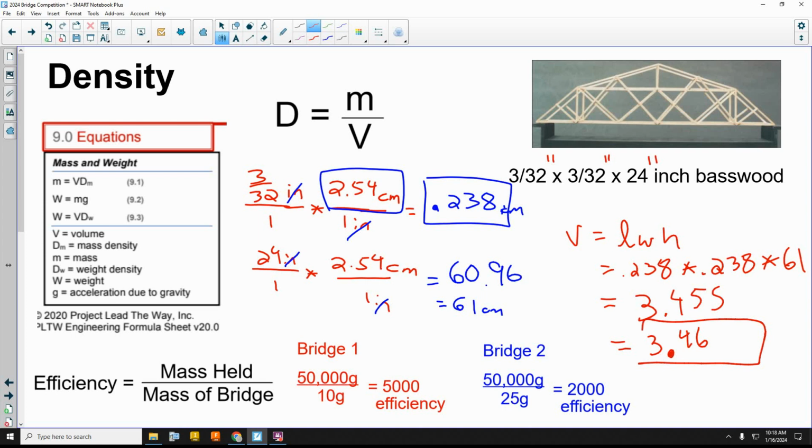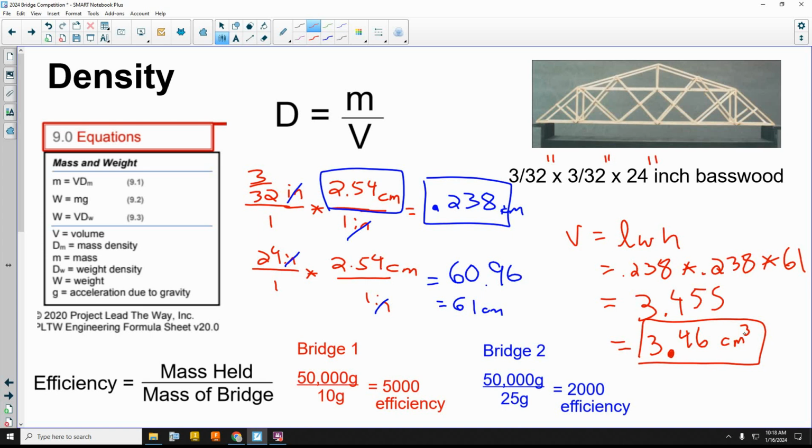Now that is centimeters cubed. Now, what is density? Density is mass divided by volume. And by the way, this whole calculation we're doing now, you're not going to have to redo this one. That's why if you're taking notes on this, you'll be ready to do yours.